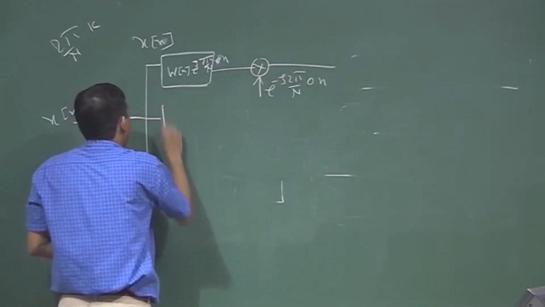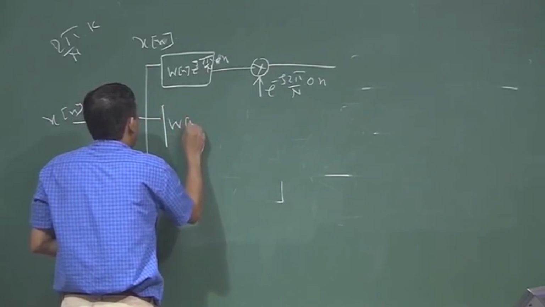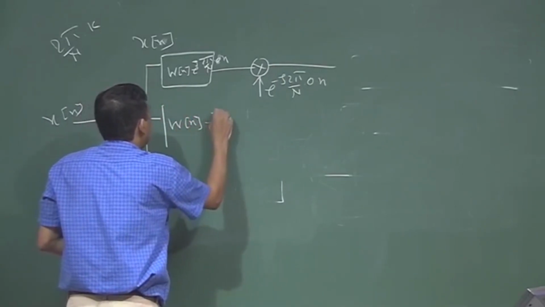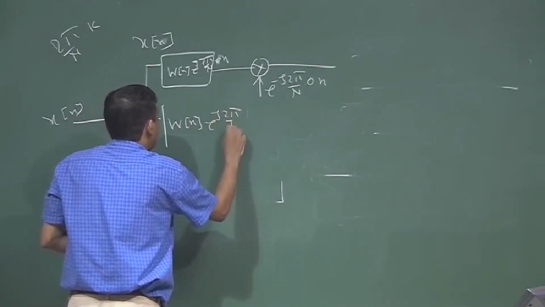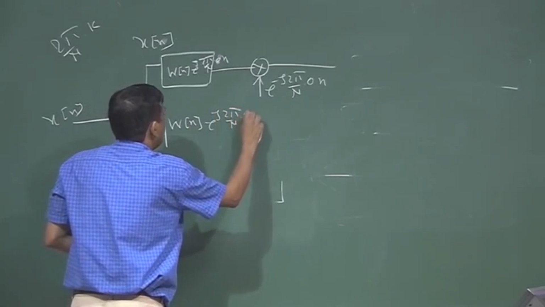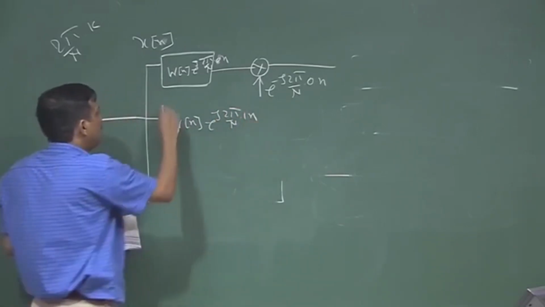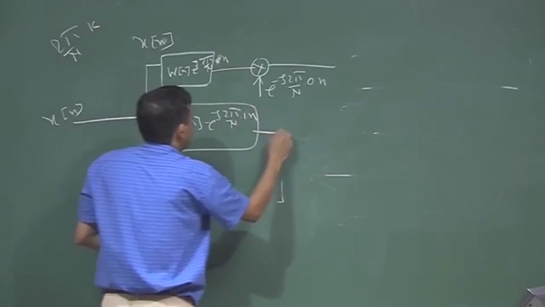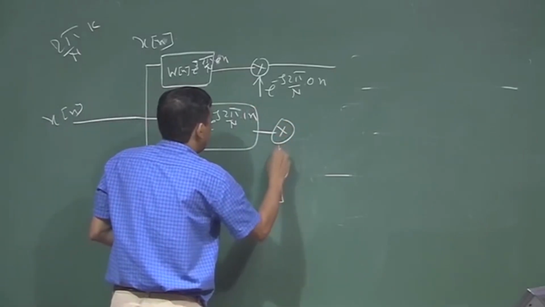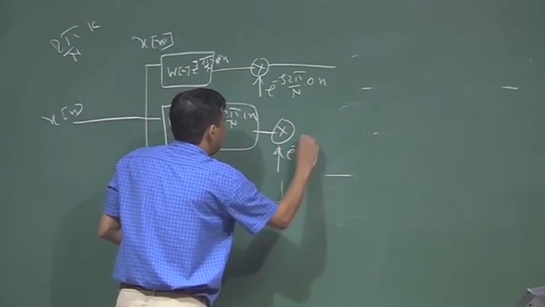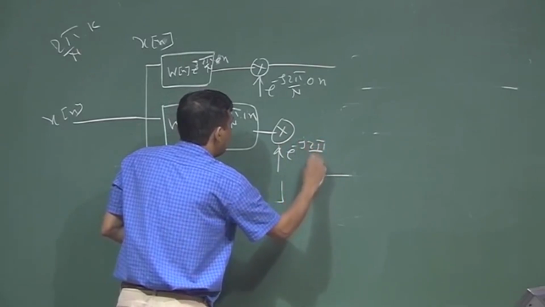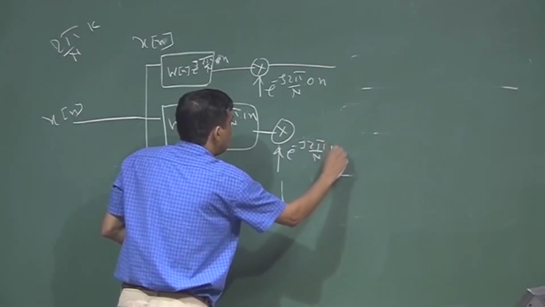Then I can write again w[n] e to the power j 2π/N into 1 into n, and again demodulate it, e to the power minus j 2π/N, k equal to 1, n.